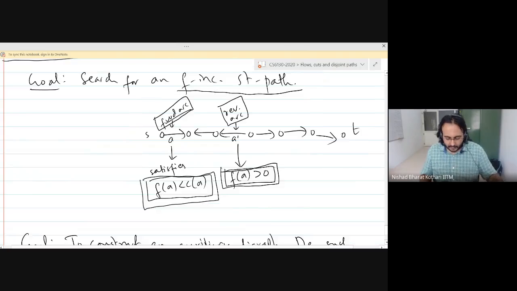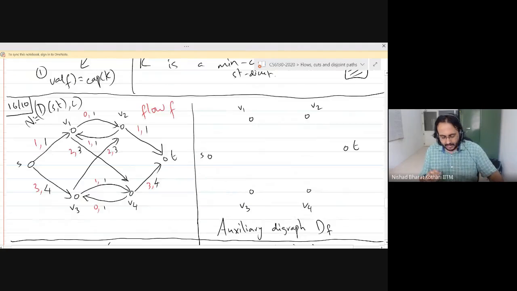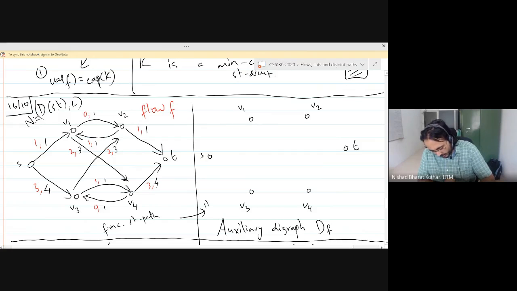So our goal is to construct this graph so that every f incrementing st path becomes an st dipath in this graph. How should we do that? Can anyone tell me?